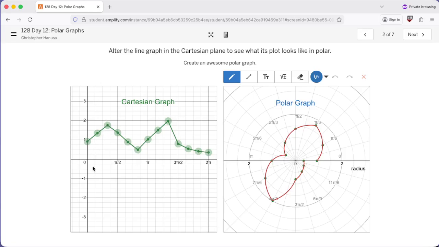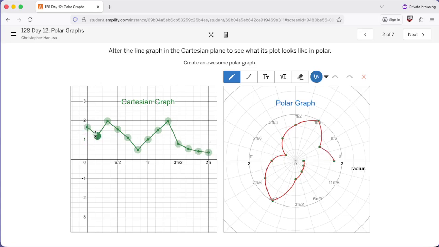We're moving the values of 4 different values of x. We're changing what the height y is. And when you connect those with these different segments, that's going to create points and line segments, or curves, in the polar graph as well.